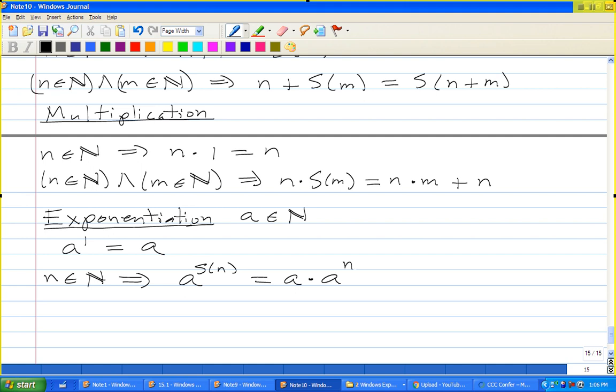Okay, good. So notice that addition is defined in terms of successors. I know what successors are. Multiplication is defined in terms of addition, and we know what addition is. And exponentiation is defined in terms of multiplication, and we know what that is.